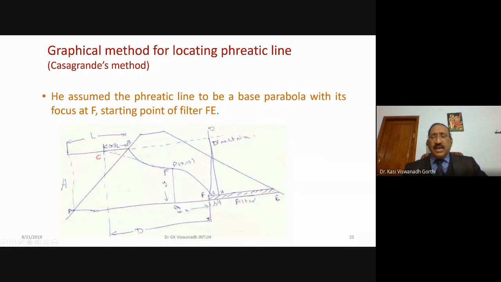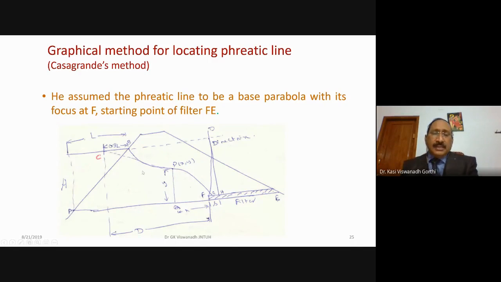He assumed that this phreatic line is a base parabola with its focus at F, where F is the starting point of the filter.